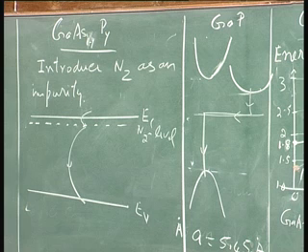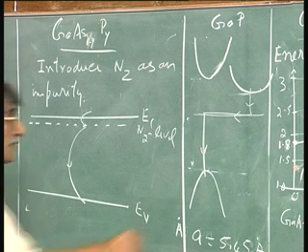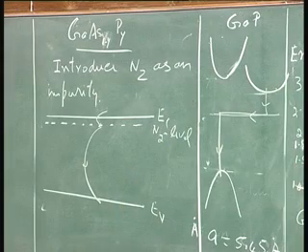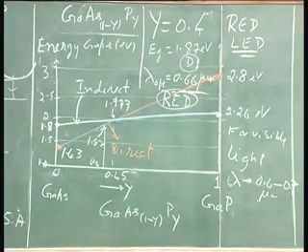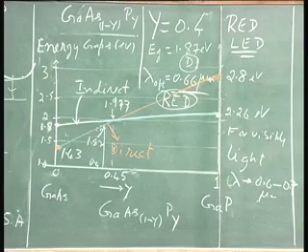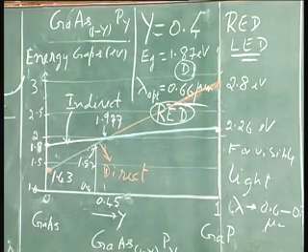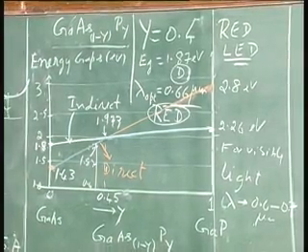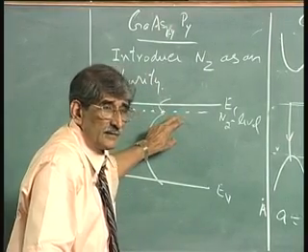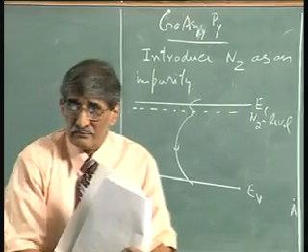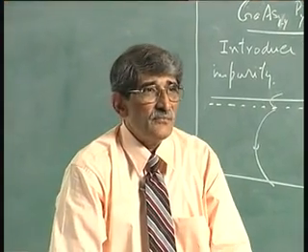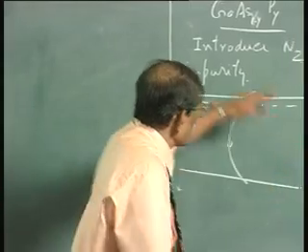So, what I am trying to point out is, you can make use of this region, varying the band gap from 1.977 to 2.26 by varying Y. In each of those compounds, if you introduce nitrogen, that nitrogen introduces a level very close to the conduction band with some gap. That means you get a transition which will emit light of energy close to this band gap.